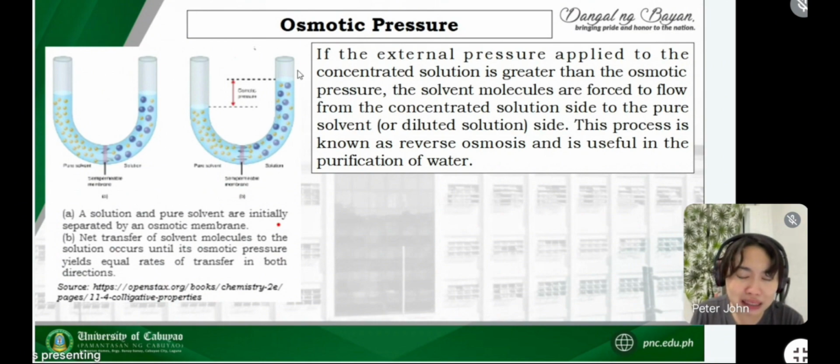Kumbaga, by means of forcing this, i-compress niya, dire-diretso. So, the tendency is that lalong mababawasan yung amount ng solvent niya dito, and possibly, yung maiiwan na lang is yung mga amount of solute. So, that is yung tinatawag nating reverse osmosis. That is more applicable in the process of purification of water.